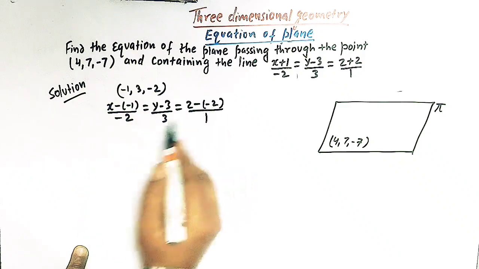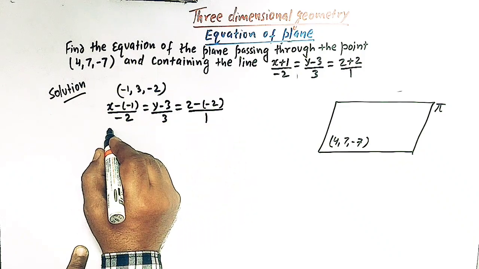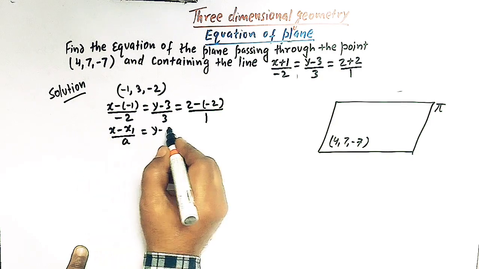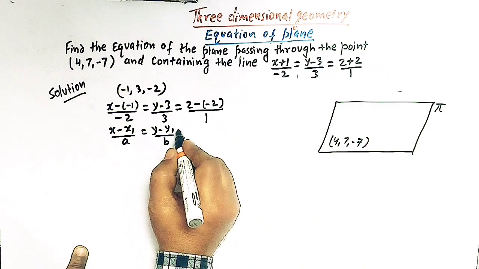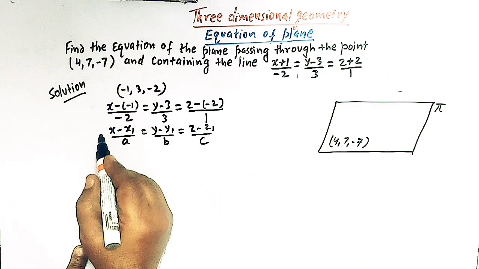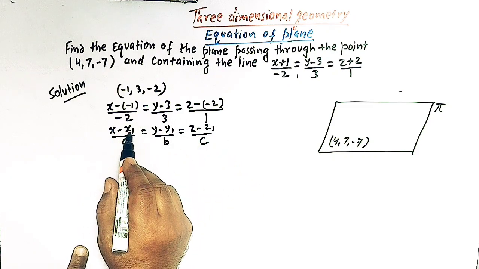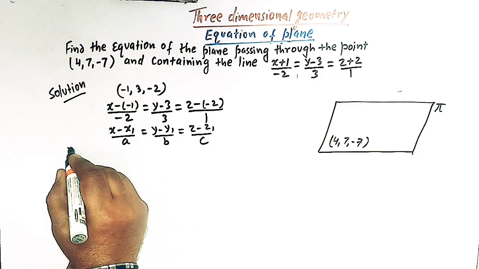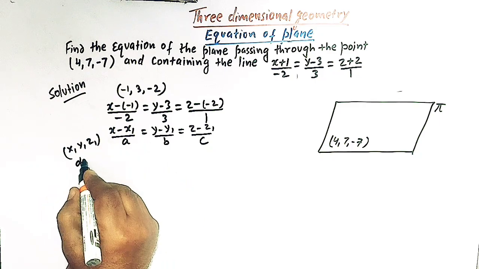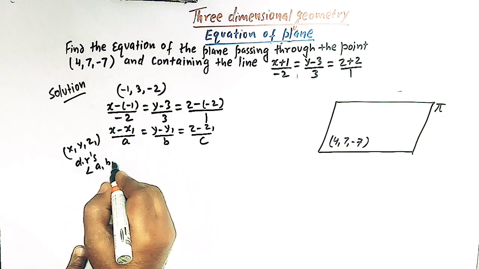See here the equation of a line in symmetric form may be written as (x minus x1)/a, (y minus y1)/b, and (z minus z1)/c. So whenever we are given the equation of a line in this form, then the line passes through this point, that is x1, y1, z1, and the direction ratios of the line are given by a, b and c.